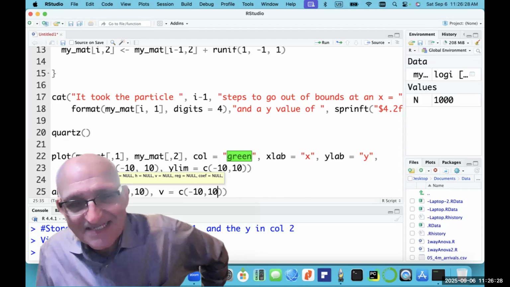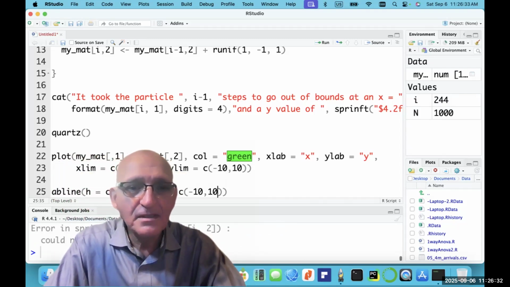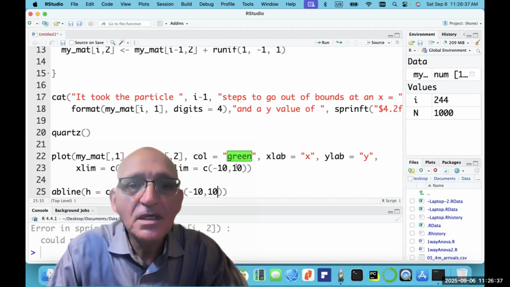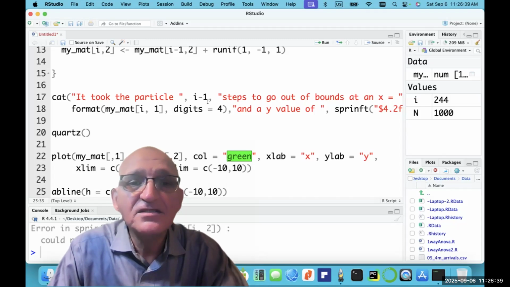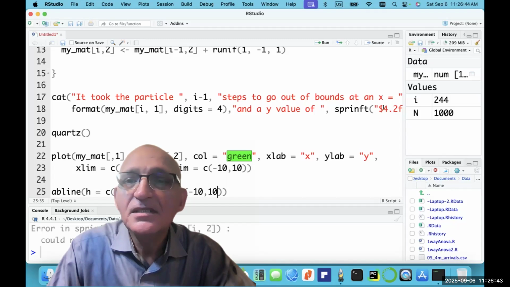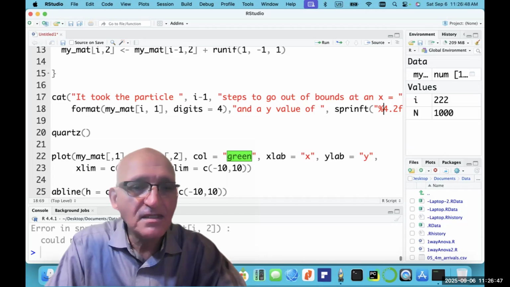Let's see how many errors we got, and then we correct those. Oh, I used a dollar sign for some reason. I don't know how I did that, but that's a percent. Okay, let's see again. What else?